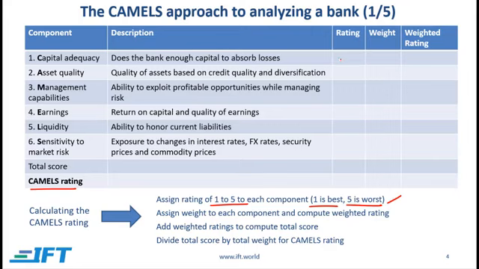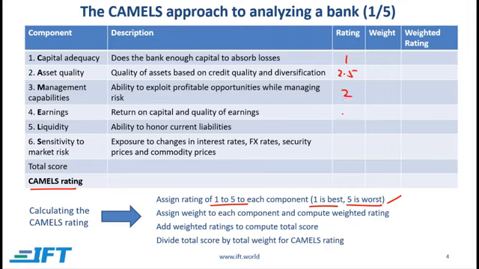Say that we are evaluating a bank and the capital adequacy is really good. So we'll assign a score of 1. Let's say that the asset quality is average. So we assign a rating of 2.5, which is halfway in between 1 and 5. Let's say that management quality is a little better than average, so we assign 2 over here.